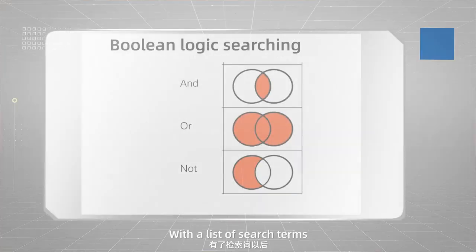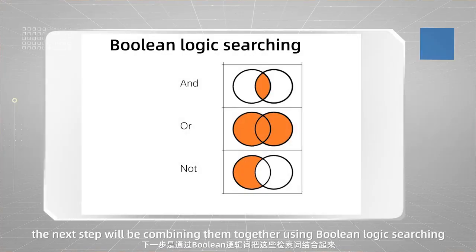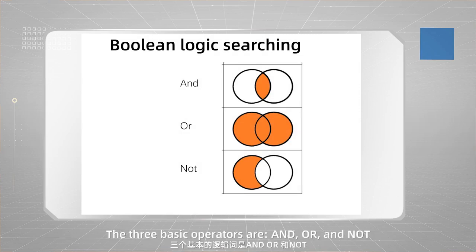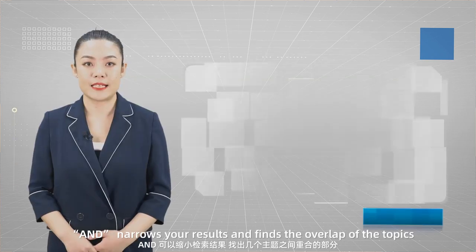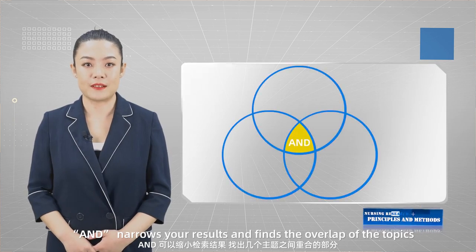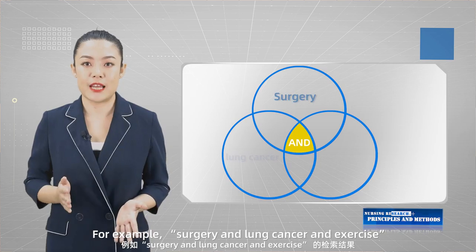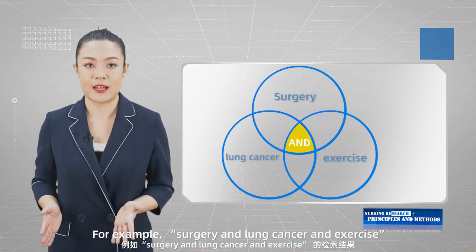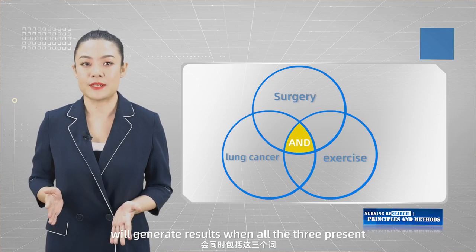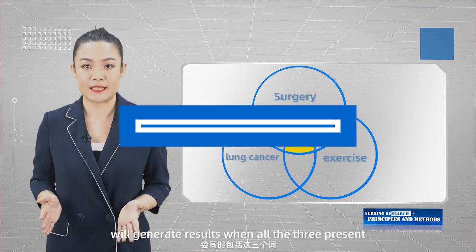With a list of search terms, the next step will be combining them together using Boolean logic searching. The three basic operators are AND, OR, and NOT. AND narrows your results and finds the overlap of the topics. For example, surgery AND lung cancer AND exercise will generate results when all three are present.